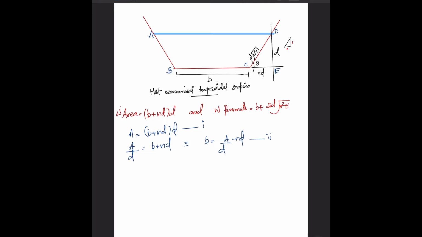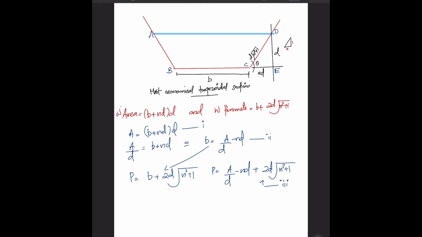Now wetted perimeter P is equal to b plus 2d into root of n square plus 1. Substituting the value of b in this equation, we can write P is equal to A by d minus nd plus 2d root of n square plus 1. Just take this as equation 3.